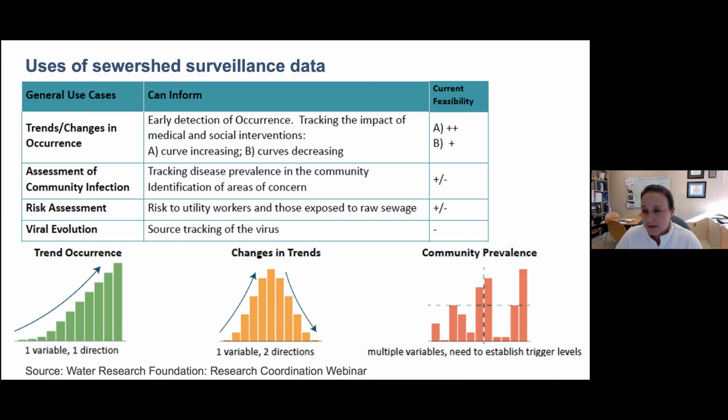Viral evolution. Just within the last 2 weeks, this mutation in the virus has been observed in the United Kingdom and now has been observed in several states in the United States. When we look for the virus, we've been looking at the specific CDC primers. But if we wanted to sequence the entire virus, we could look for viral evolution. I'll tell you that I'm not currently doing that.